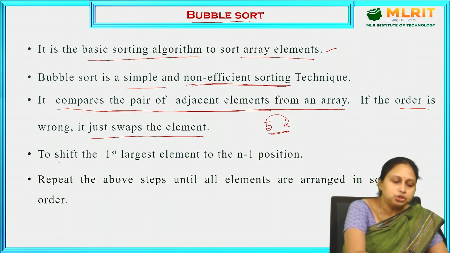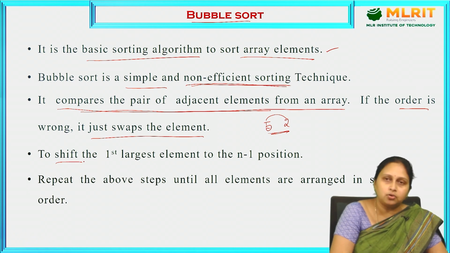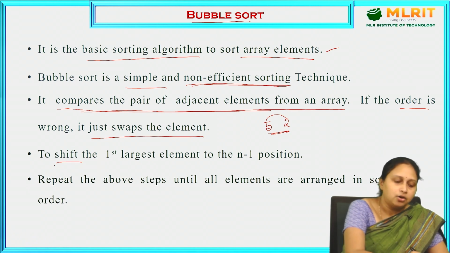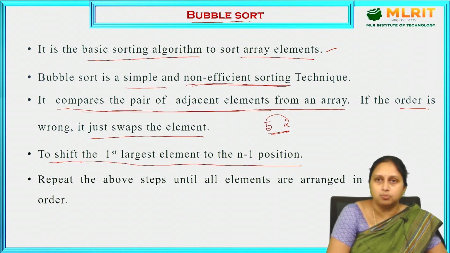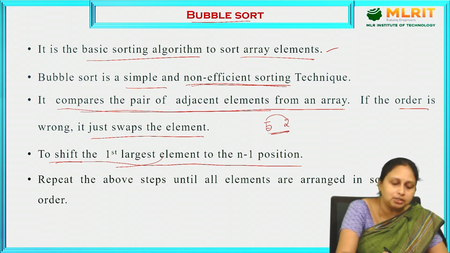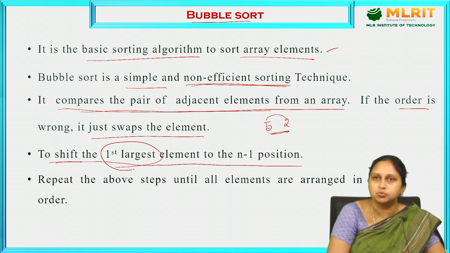Not only swapping, it also shifts the largest element to the n-1 position. After the first pass, we place the first largest element at the n-1 position. This we will also see in an example so that you can understand very easily.